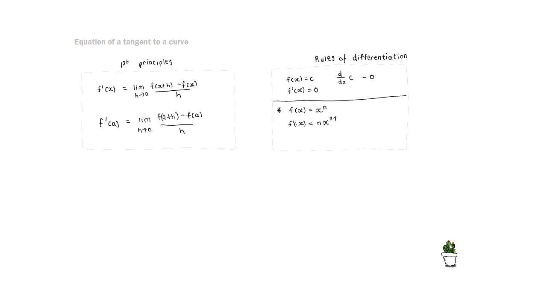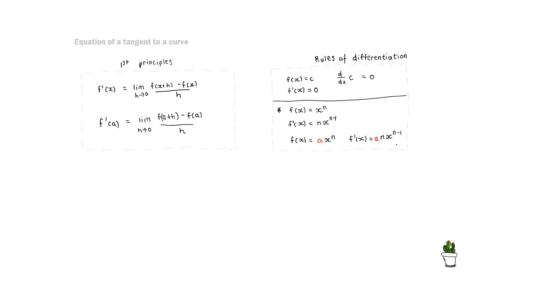And if we had a coefficient to this x term, that wouldn't change anything. So if you had f of x equal to a times x to the n, this doesn't change anything. f prime of x is simply going to be a times n times x to the exponent n minus 1.